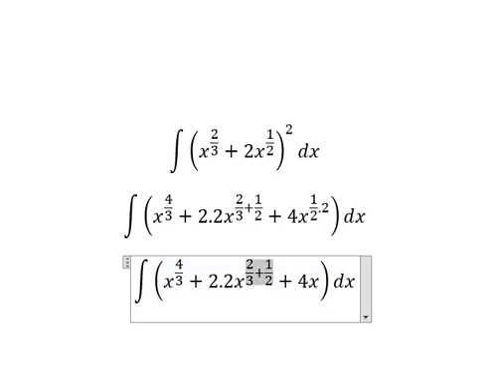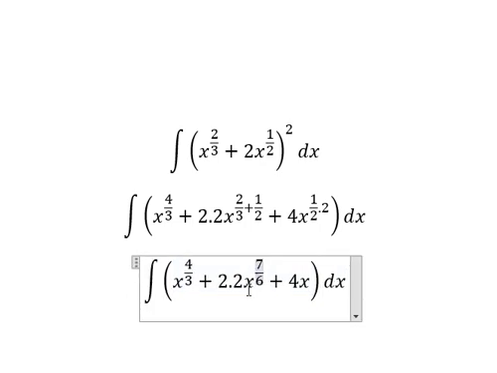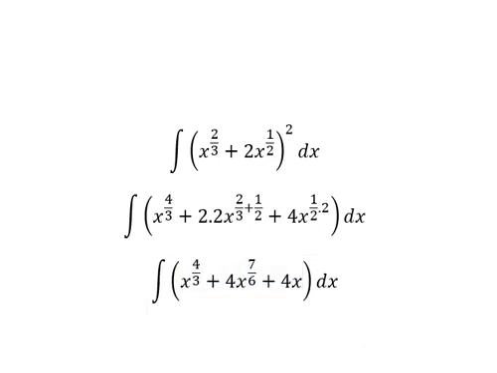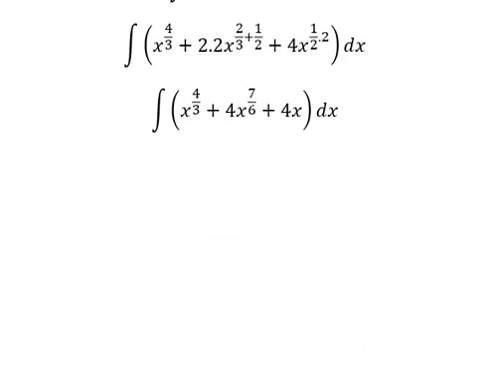This one we have 7 over 6. Number 2 and number 2 we have 4. And now we can get the final answer.